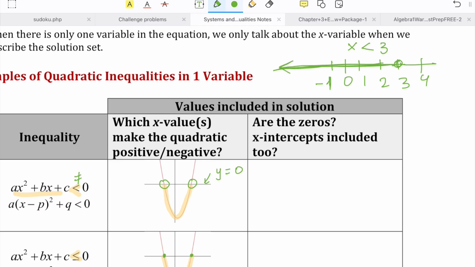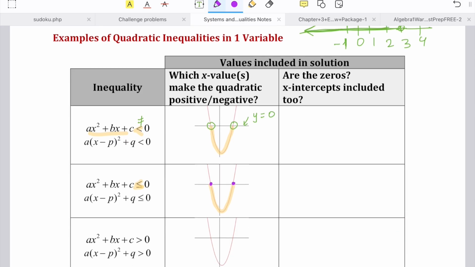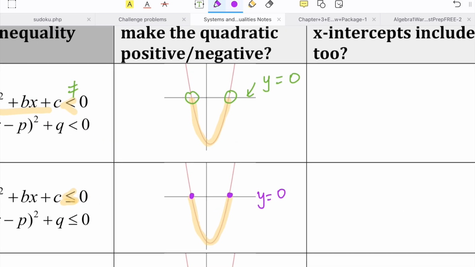And if it said x is less than or equal to 3, you would draw a colored circle or a filled in circle and depict it like that. So when you have an equal to, just like over here, you would have a filled in circle, because then these points where y is equal to 0 are also part of the solution. However, over here, they're not part of the solution.